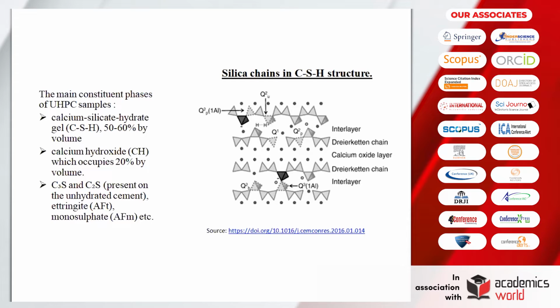It is made by silica chains, silicium bonded together by oxygen atoms. There is an interlayer where different ions are placed. There is a calcium oxide layer which connects together the two layers of silica chains.